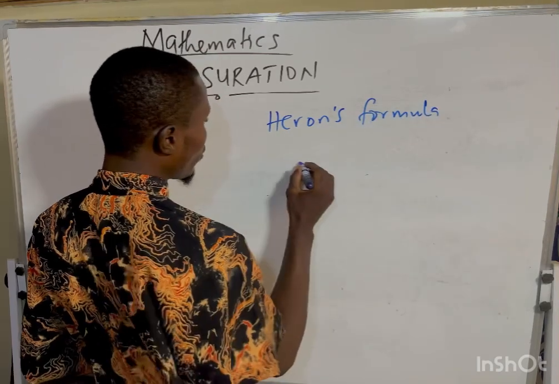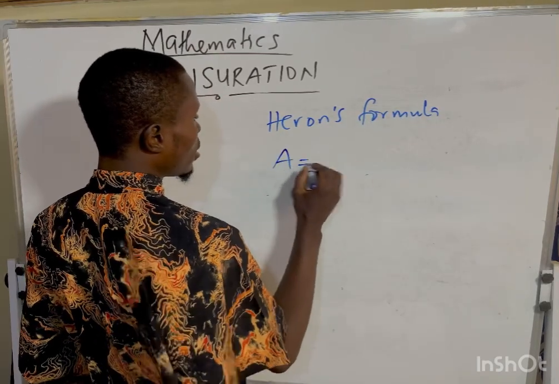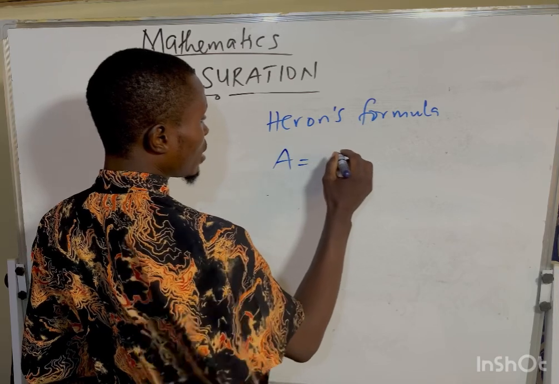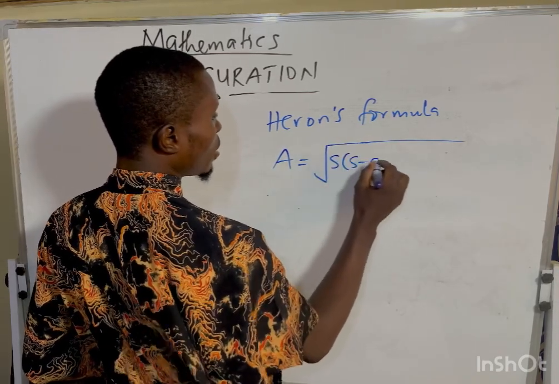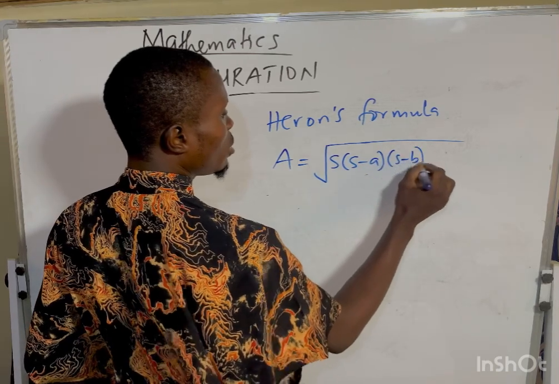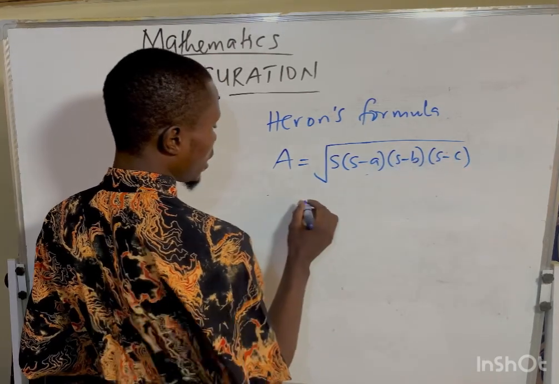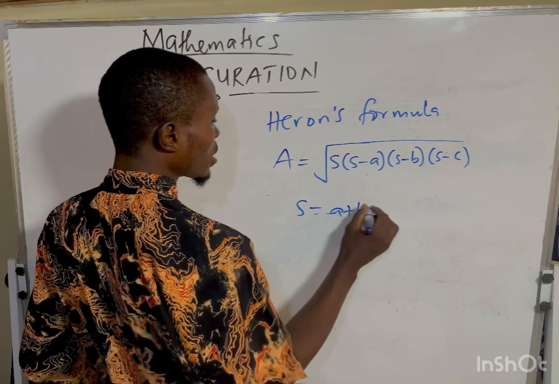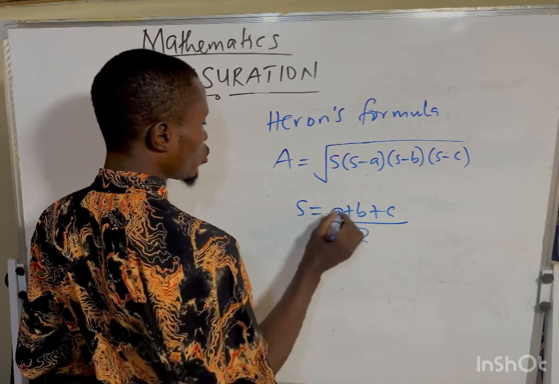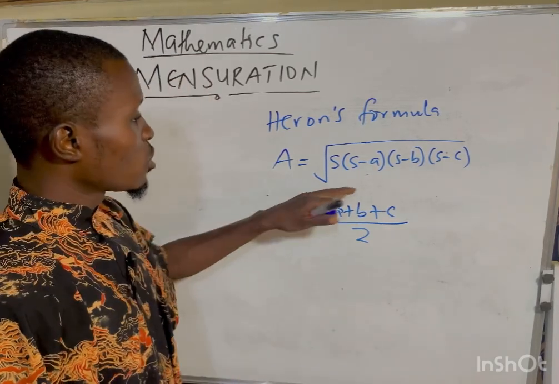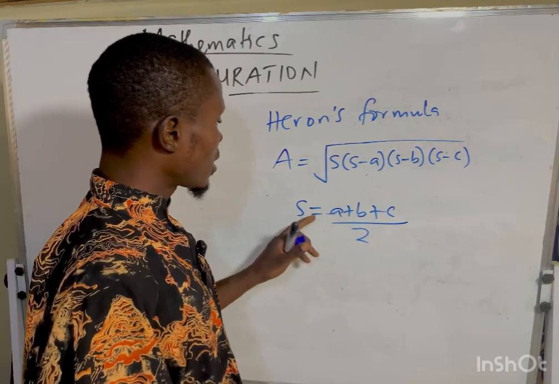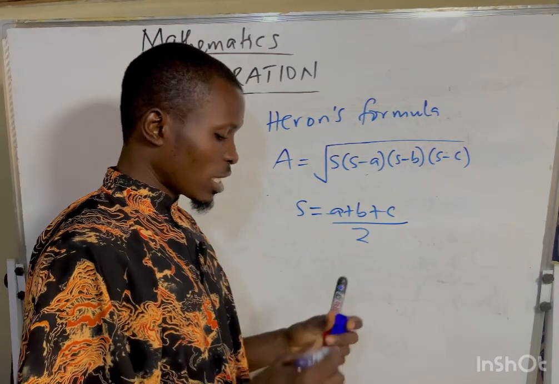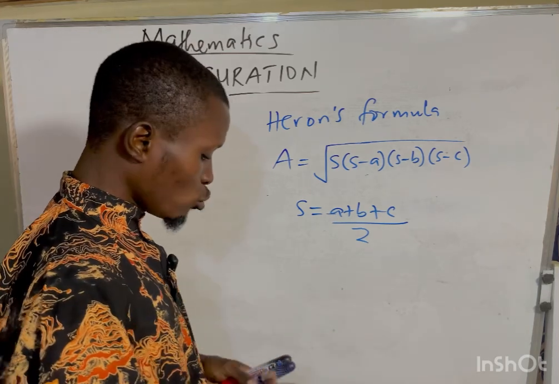Area by Heron's formula is given by root of S into S minus A, S minus B, S minus C, and your S is given by the sum of the 3 sides divided by 2. Use this formula to obtain the area of a triangle given 3 sides.